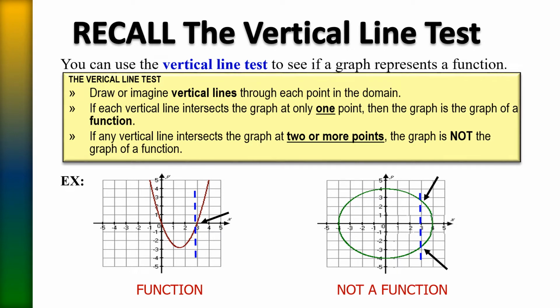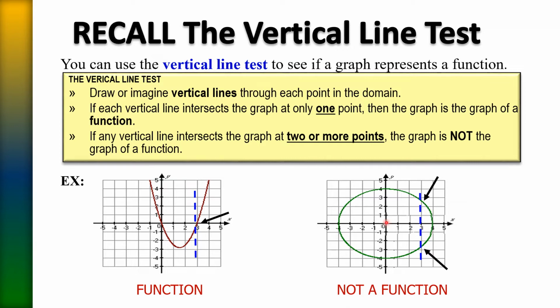Now, one thing you'll notice about a graph that is a function is that it does not contain two of the same x values. That is what will violate the vertical line test. So let's take a look at that second example.